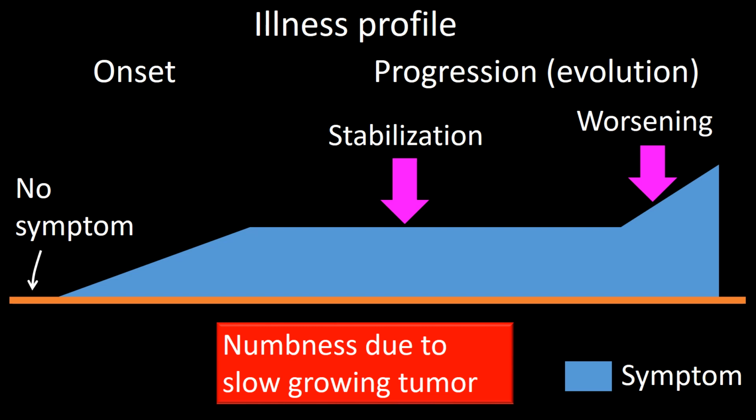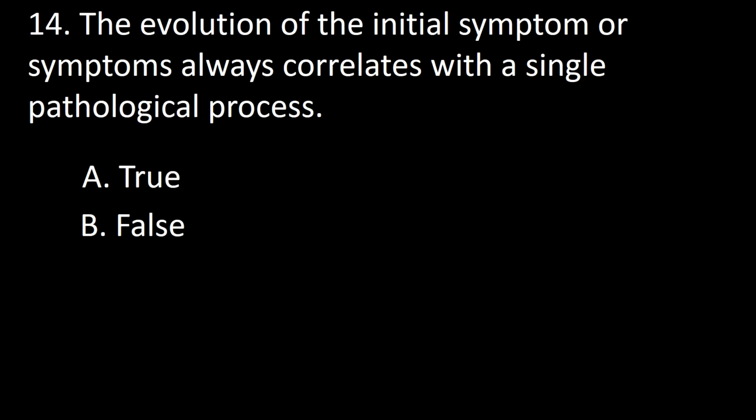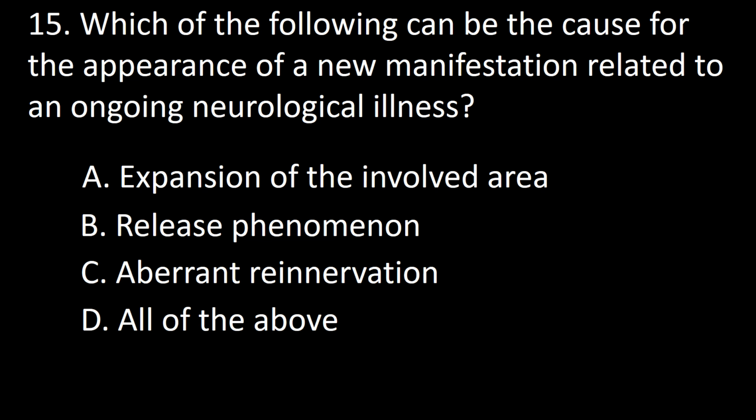The slow growth allows the tissue surrounding the tumor to adapt for a while, thus producing a period of stabilization. But with subsequent tumor growth, the surrounding tissue can no longer adapt and the deficit worsens. So the answer to this question is B.